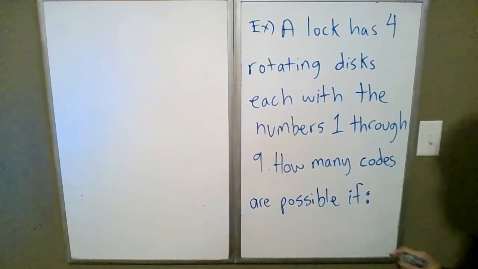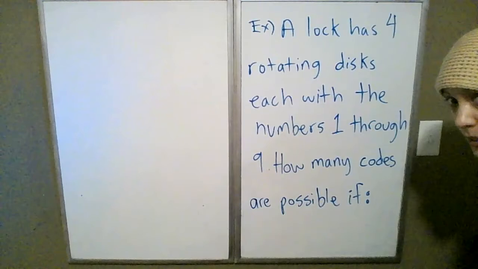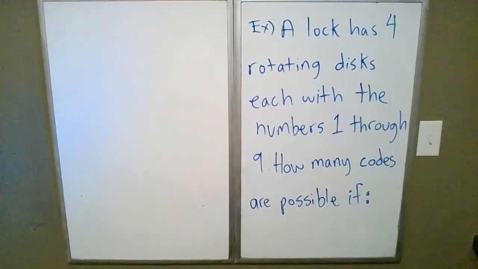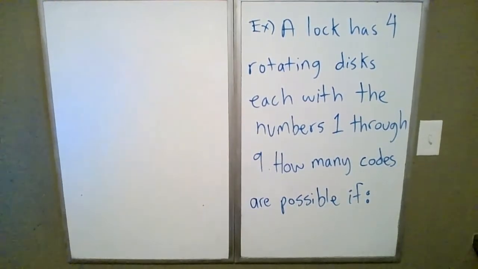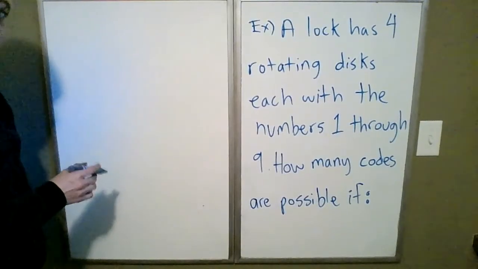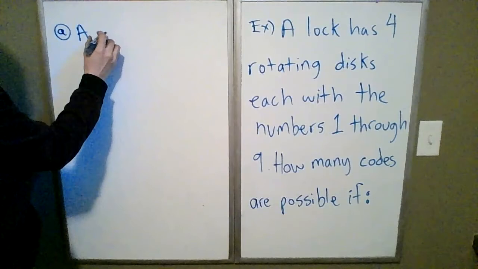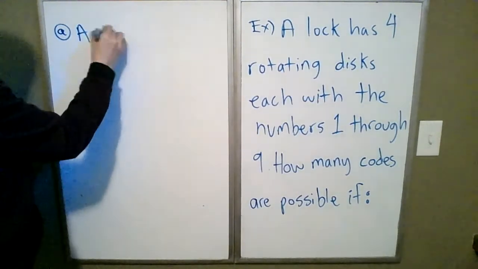And then we have part A. For part A, numbers cannot be repeated. Or actually, we're going to start with the can be repeated. A number can be used more than once.